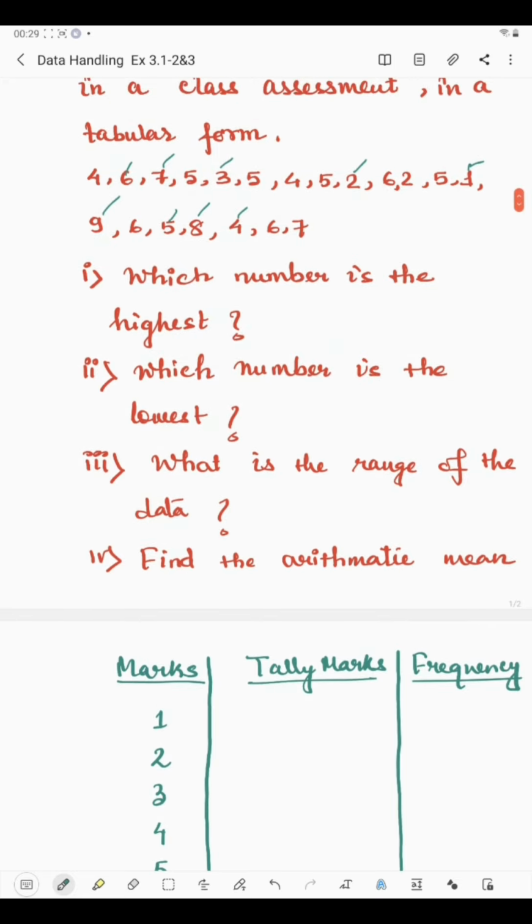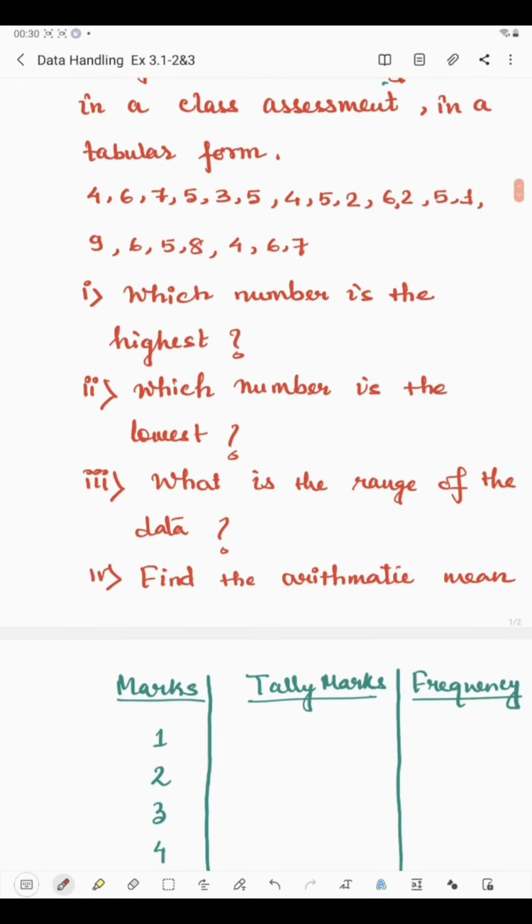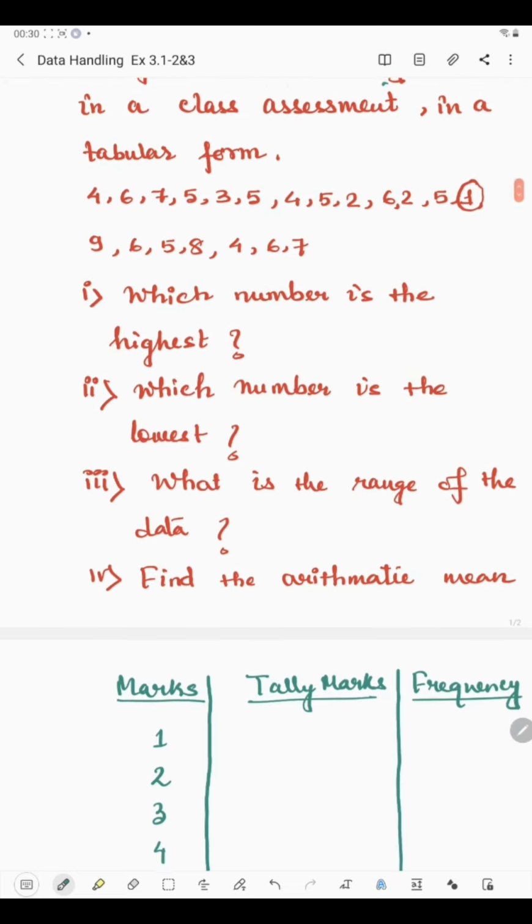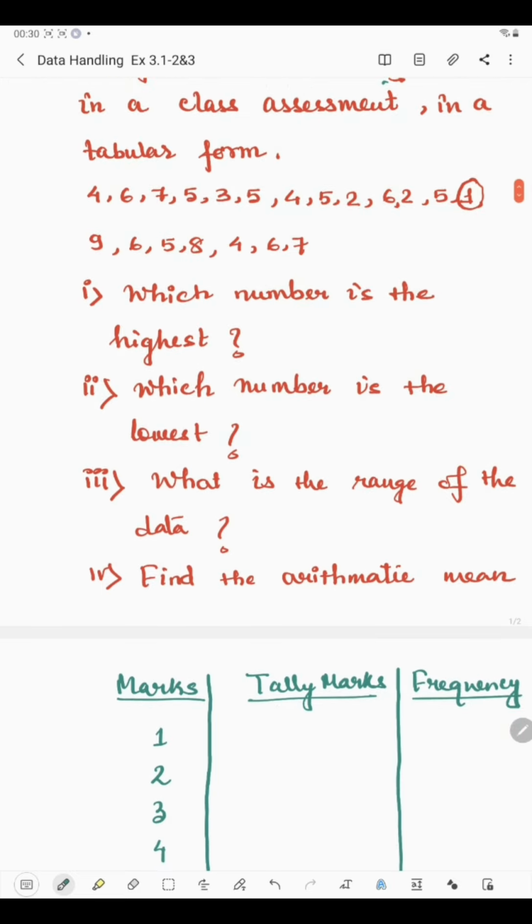Okay, now we have to check how many times 1 appeared. So here is 1, we will circle it, otherwise we will get confused whether this is taken or not. Okay, so here we have got 1, then where is 1?